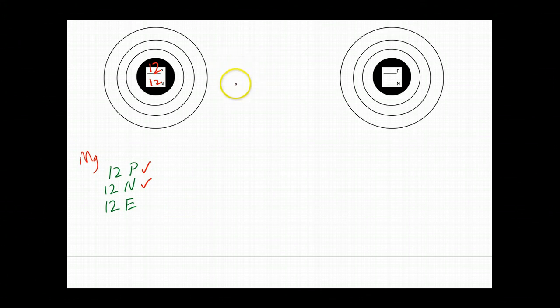Now, the more complicated part is actually filling in electrons. If you remember from previously, the first shell is going to have 2 electrons in it. The second shell is going to have 8. And then the third can also have up to 8. So we need to start filling in our 12 electrons according to this. Our first shell, we fill in our first 2 electrons.